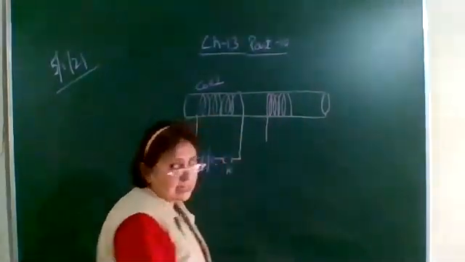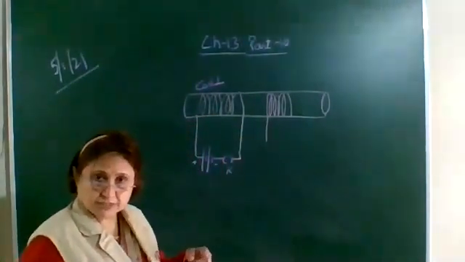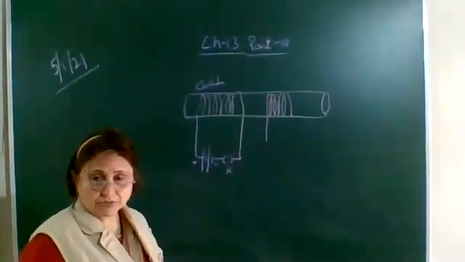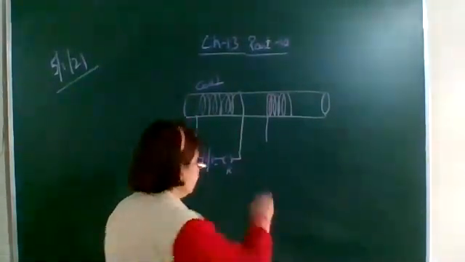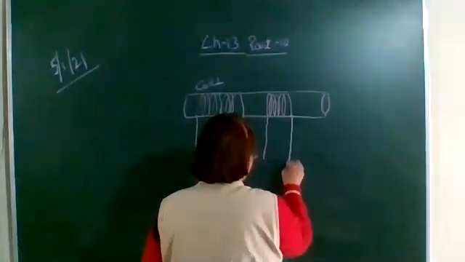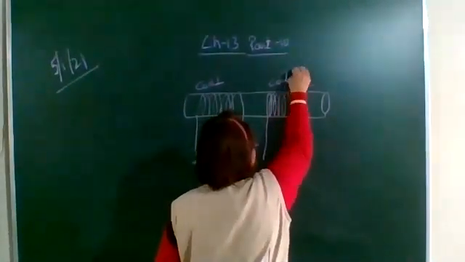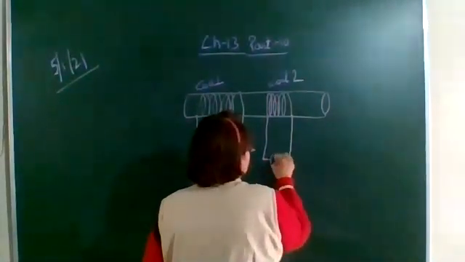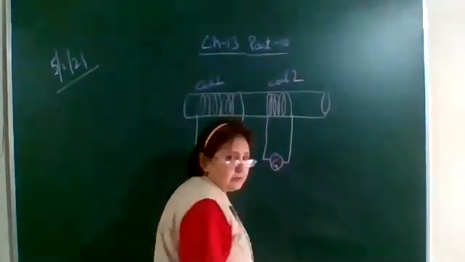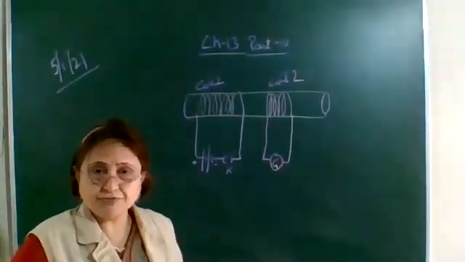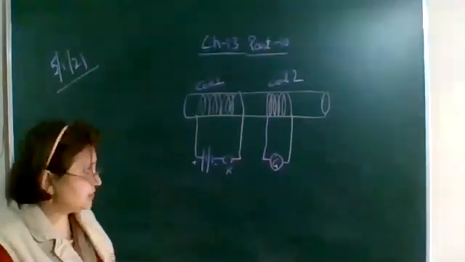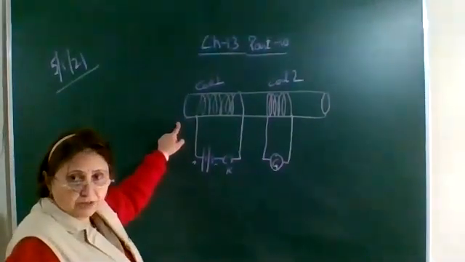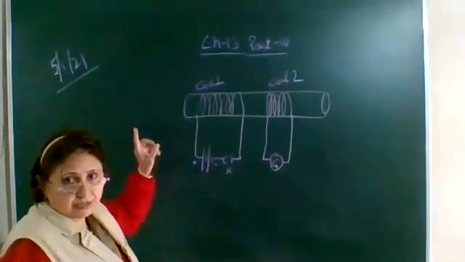If the first one has 100 turns wound on this cylindrical rod, let coil 2 have only 50 turns. And this coil 2 is connected to the terminals of a galvanometer. So this is the simple circuit.